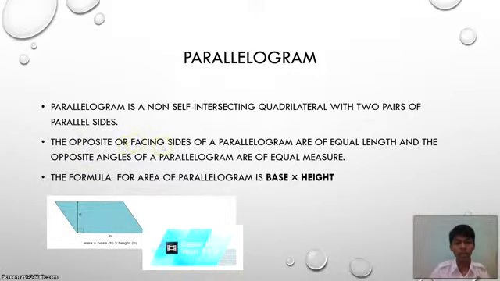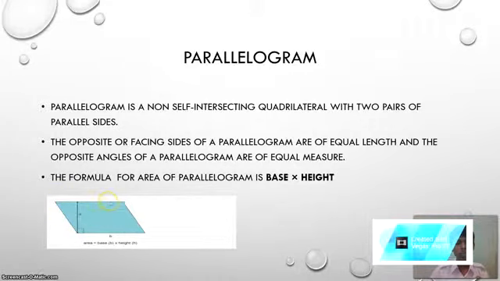The opposite sides of a parallelogram are equal in length, and the opposite angles of a parallelogram are equal in measure. The angle here is the same as the angle here, and the angle here is the same as the angle here.